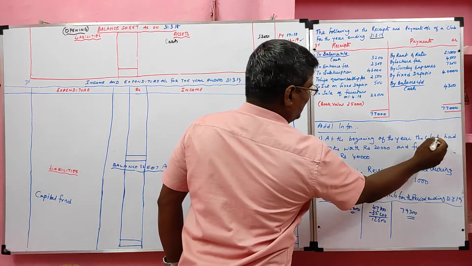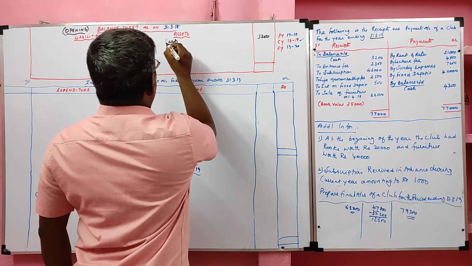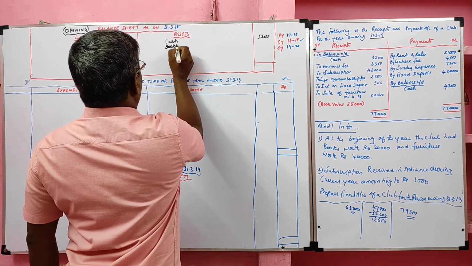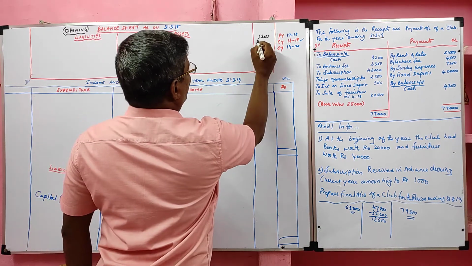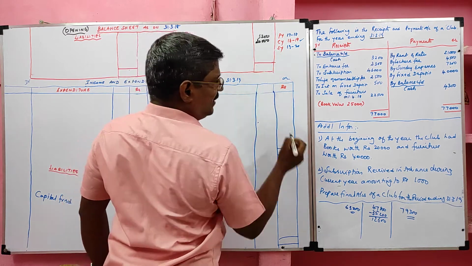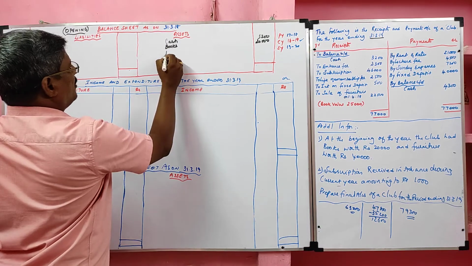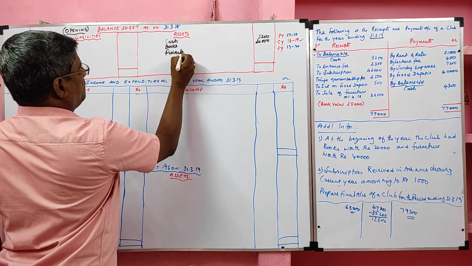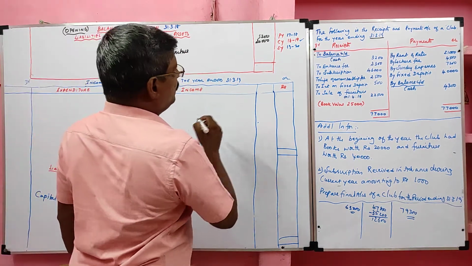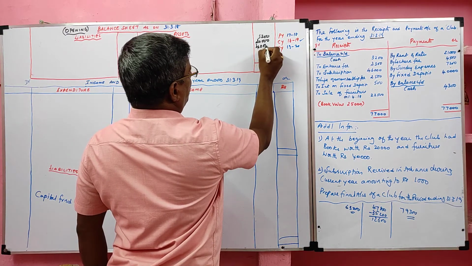At the beginning of the year, the club had books worth how much? Opening balance of books, books worth 20,000. Then furniture worth, opening balance of furniture goes to the opening balance sheet asset side. Its value is 40,000.